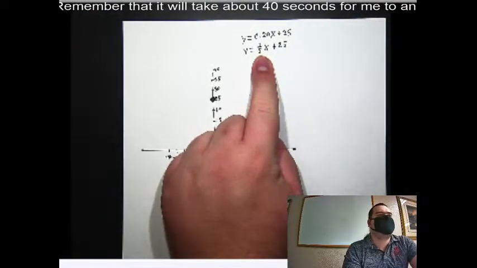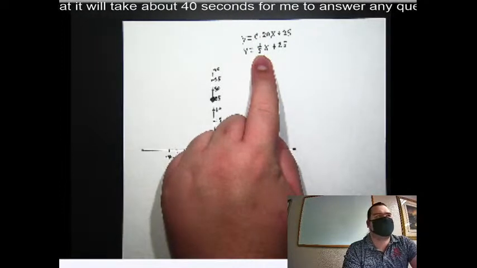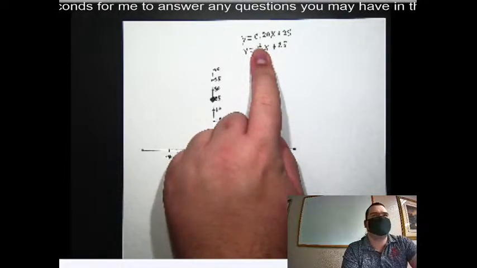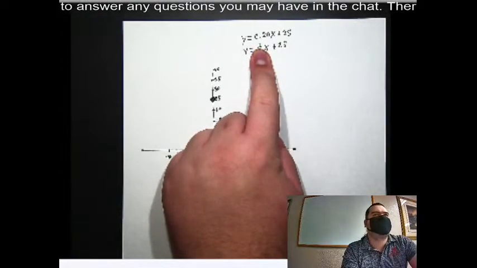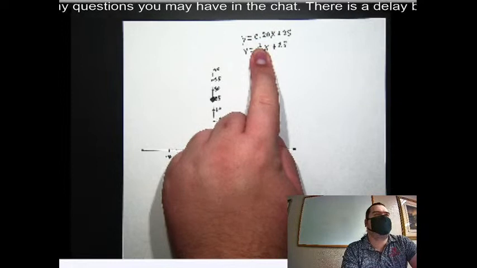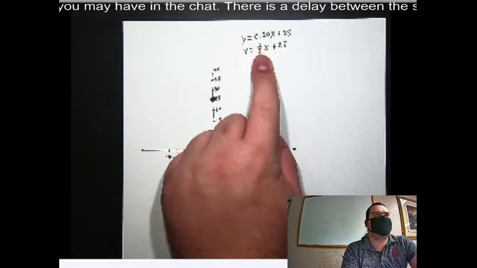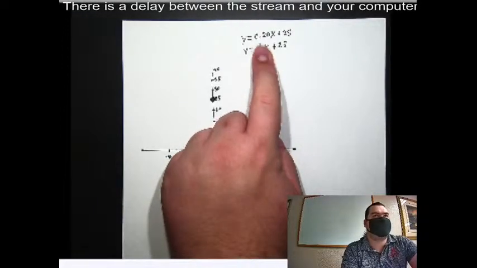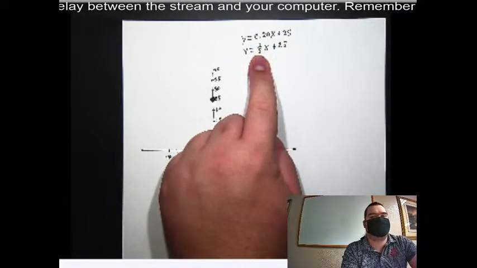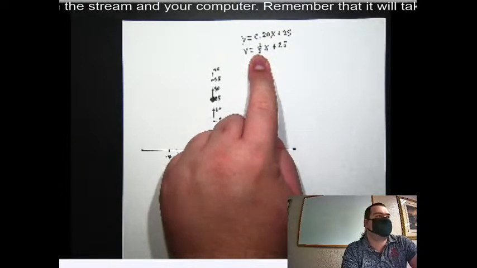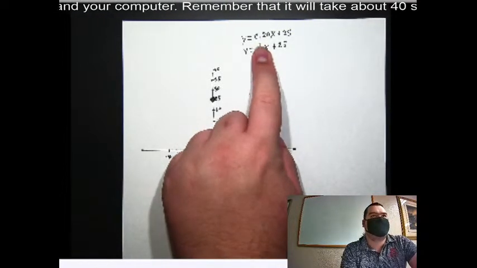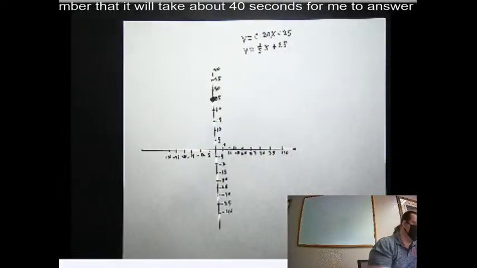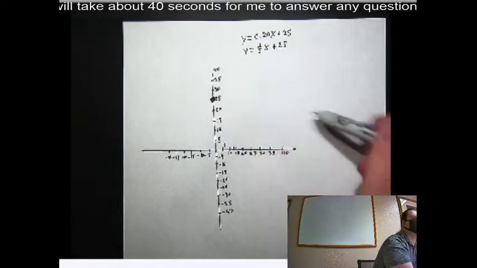This slope right here, like I said, tells us how much we're going to increase or decrease. So what this says is each step we're going to increase by 1 on the y and 5 on the x. So the top part tells us how much we're increasing on the y, the bottom part tells us how much we're increasing on the x. And remember, this is counted in fives.